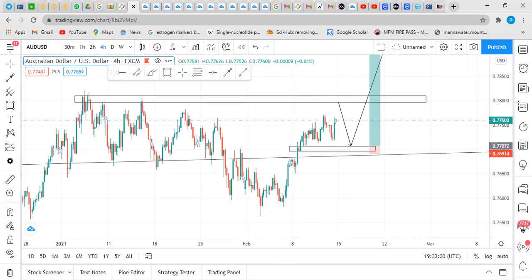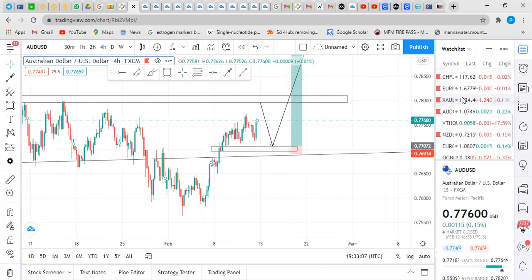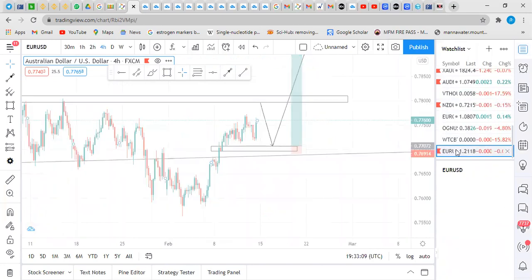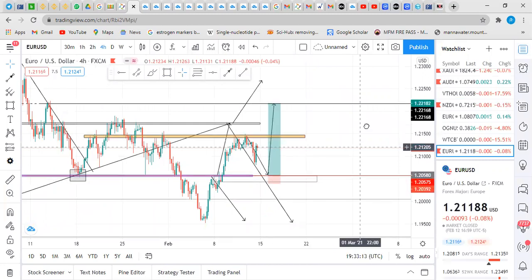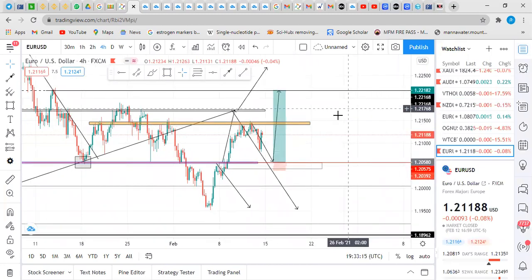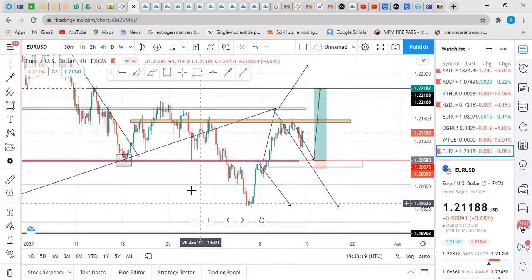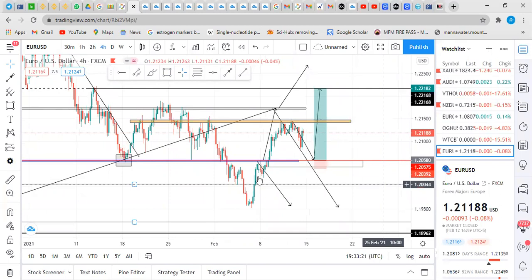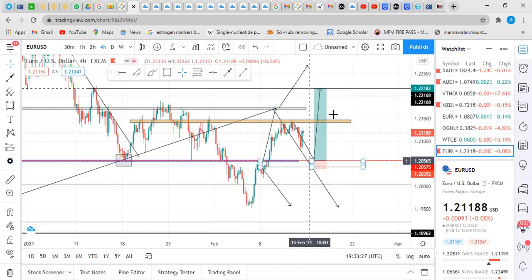All right, so let's go to EUR/USD. You can see my chart. Same thing on EUR/USD on the 4-hour time frame. I'm expecting price to come back to this one, and once price gets here, we will find an entry point and take the trade all the way up to this point.